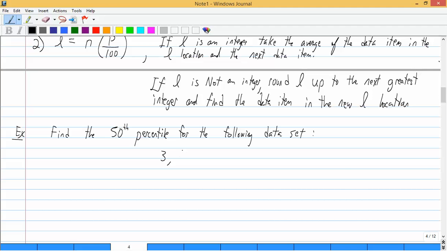They give 3, 5, 0, 1, 9, 2, 7. Of course we need to first order this from least to greatest: 0, 1, 2, 3, 5, 7, 9.